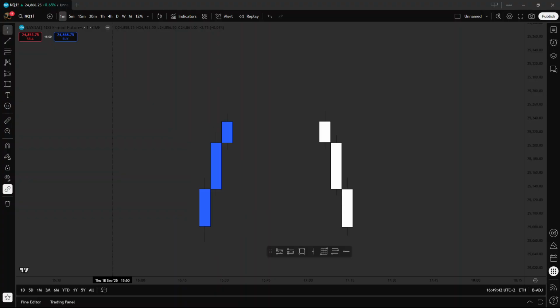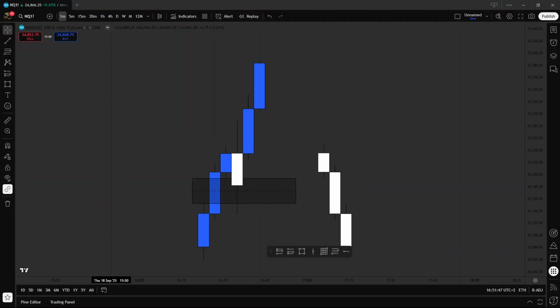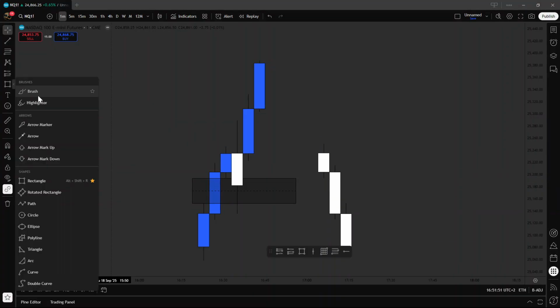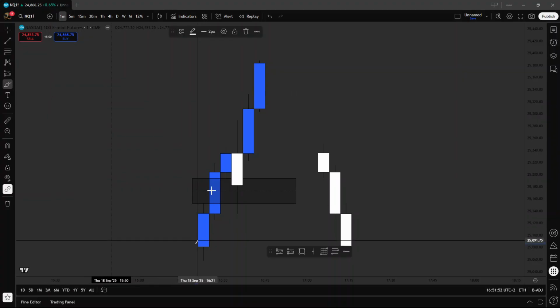I am now going to show you an example of what a perfect imbalance looks like, and then I will show it on the charts and how I took a trade on Thursday, I think, so I will show it to you later. So an ideal trade would look like this. We went up so fast, we created an imbalance in the market, and as you can see right here, this white candle went down into this fair value gap, and as you noticed, it didn't close below it.